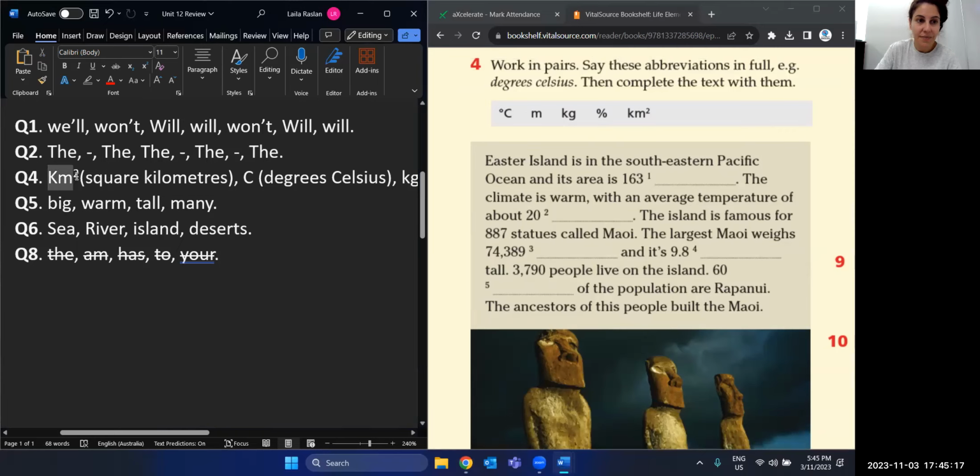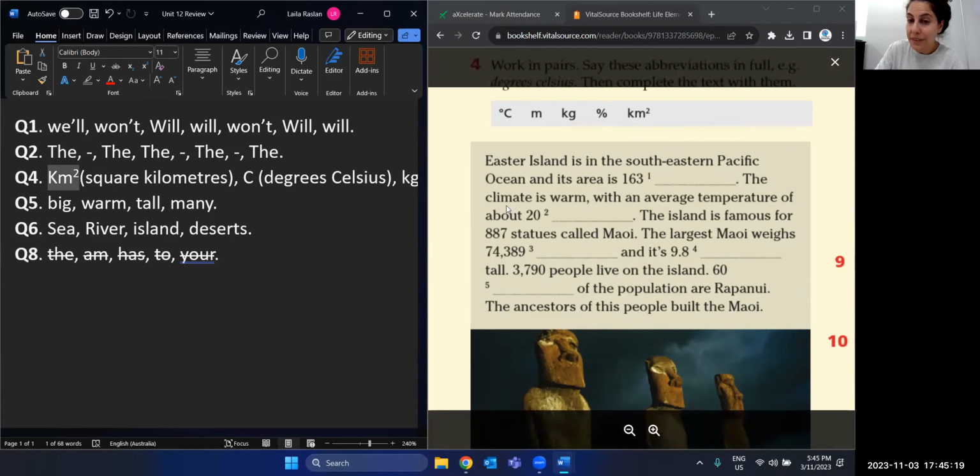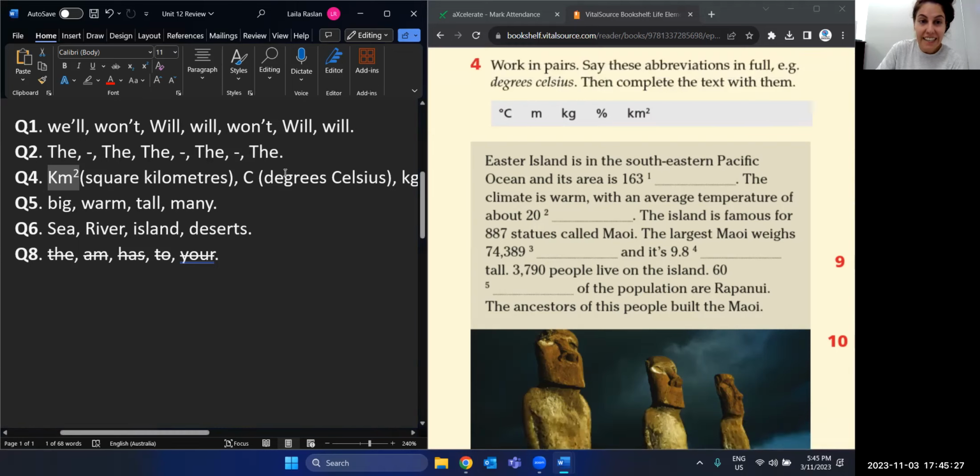So this one here. The climate, that means the temperature, is warm with an average temperature of about 20 degrees Celsius. So that's how we say it. You say the number first, and then you say degrees Celsius. We don't say 20 C. We actually say the words 20 degrees Celsius. What's the temperature today?